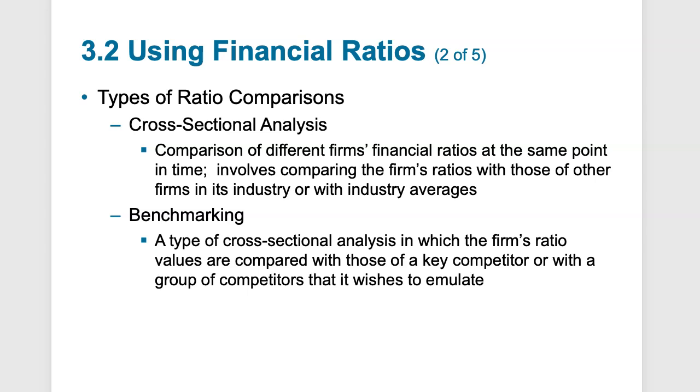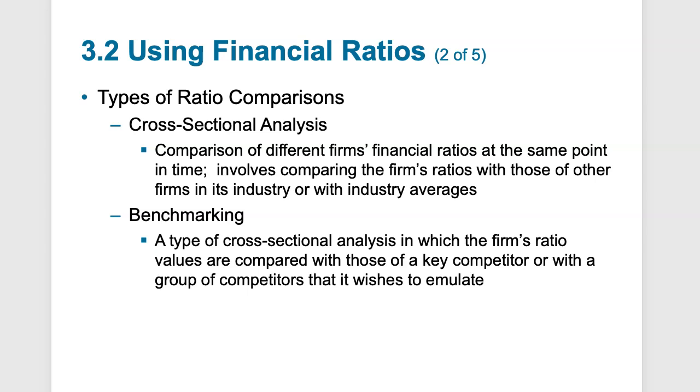And hopefully firms within the same industry, because different firms in different industries are going to have different specifics on their financial ratios. So if you look at companies within the same industry, they'll be a lot more comparable because they have similar business structures and similar sales structures.